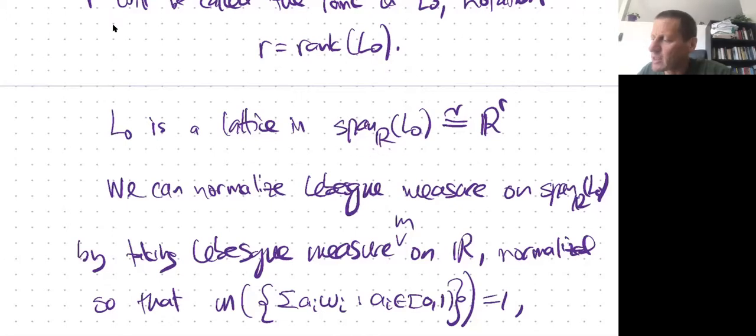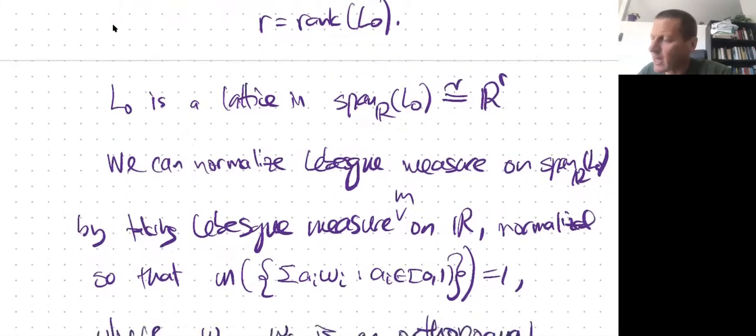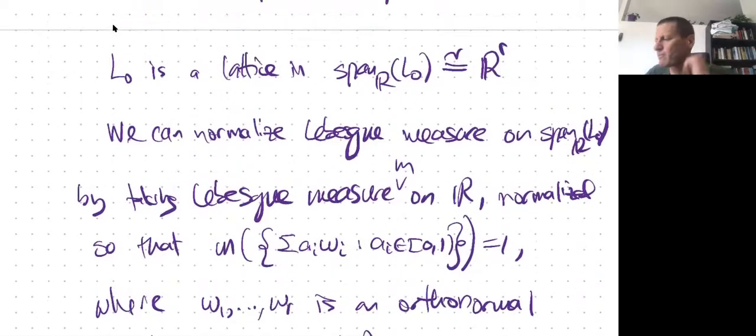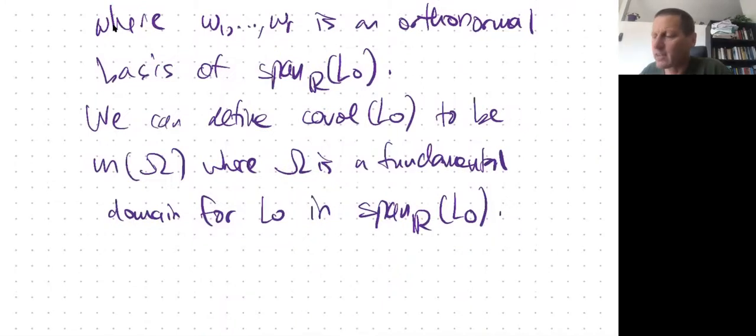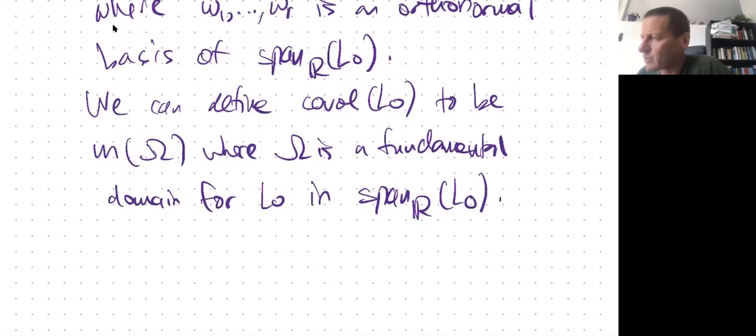The normalization I'm choosing will depend on the choice of an orthonormal basis. I already have a Euclidean inner product on R^n. I can restrict it to this subspace, and now I can talk about orthonormal bases in this space. And now I can talk about the unit cube with respect to this orthonormal basis, and I can normalize the Lebesgue measure so that it has measure 1. So that's the notion of the co-volume of L0, even if it's not a lattice of full rank. And now I'll define the alpha_i's that we're going to be working with.